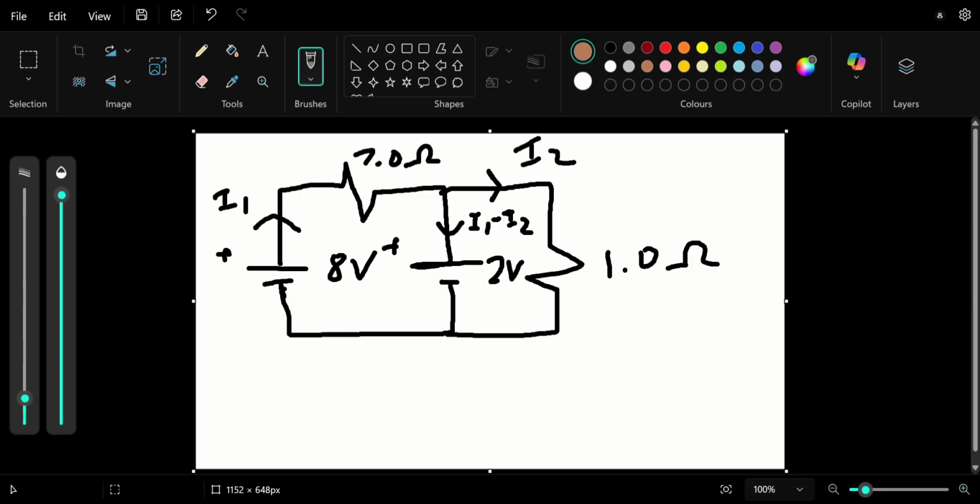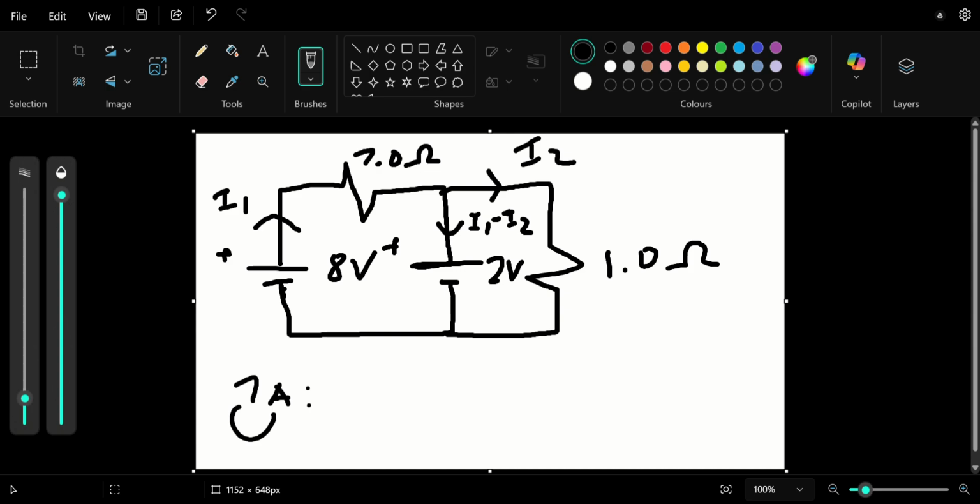So essentially what the question is asking is to find the current through this 2 volt battery, and to do that it will just be equal to whatever I1 minus I2 is. Now, let's break it down into loops.